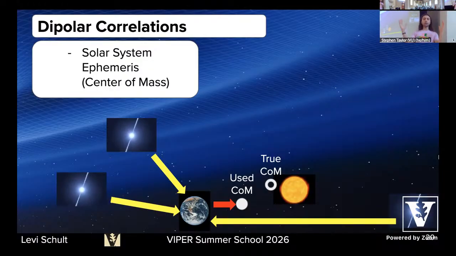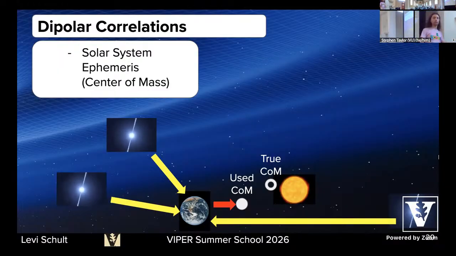So if you have uncertainties in that center of mass, or the ephemeris, that means that pulsars that you're observing on one side of the sky, when you correct them to the center of mass you think is correct, are going to seem to arrive slightly earlier than the ones on the other side of the sky, closer to what the true center of mass is. And in the case of our solar system, the next largest mass from the sun is Jupiter, right?